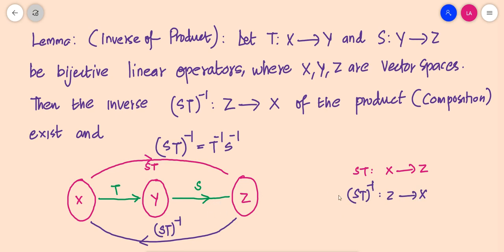We have to prove that (ST) inverse exists and (ST) inverse should be equal to T inverse composition S inverse. This is the thing which we have to do, and let's move on to the proof part.